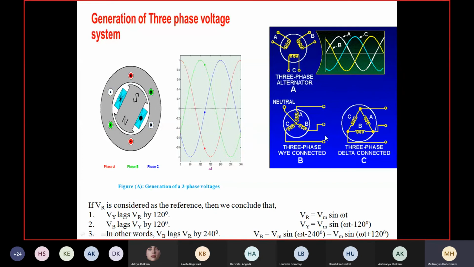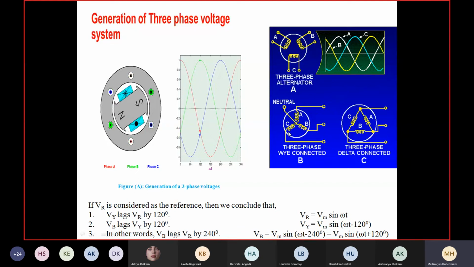We call it line to line voltage, or any one voltage between a line and the common point here. This is a common point here. You hold this as a measure and you touch here, you get the phase voltage of A group. If you touch here with respect to this, you will get B phase voltage. If you touch the common point and this point with the instrument, that will read the voltage of phase 3.